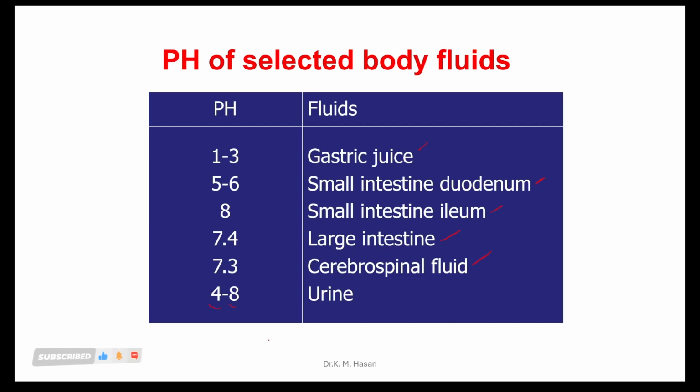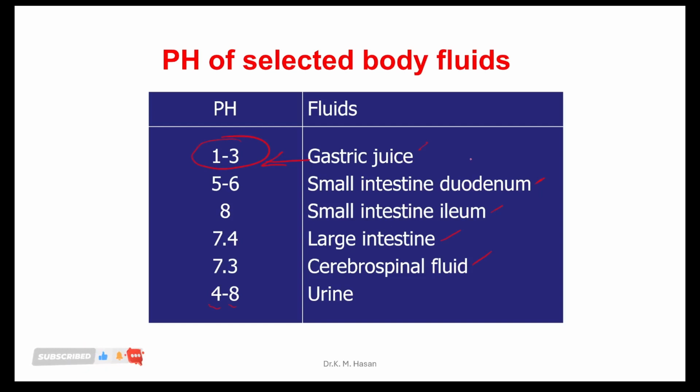So we can create several questions. For example, which of the following organs has an acidic environment? The acidic environment comes from the GI system, so you can see the stomach has the acidic environment.